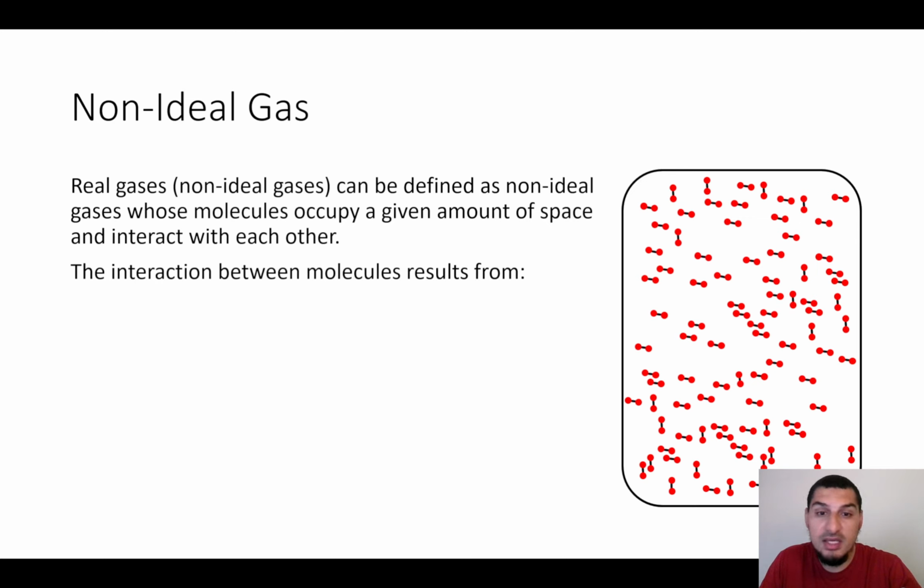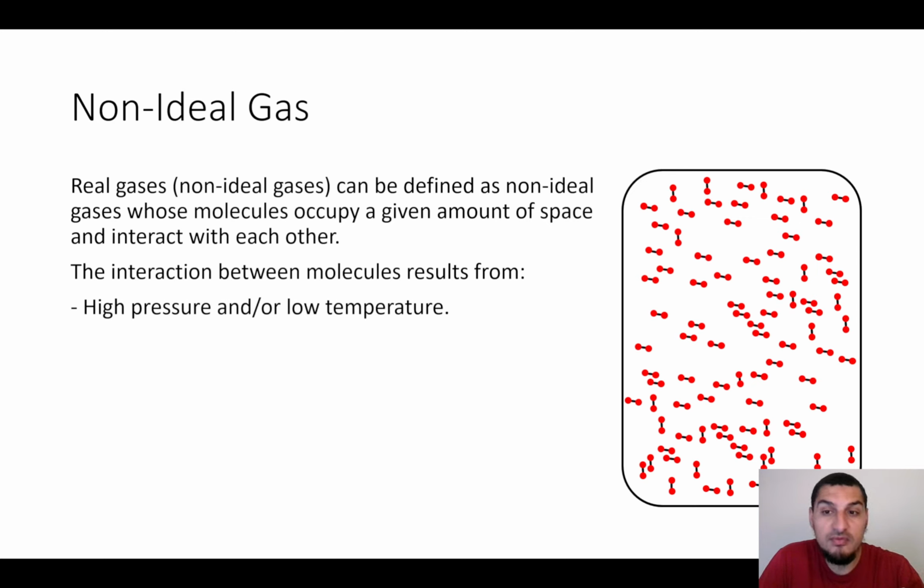This non-ideality can be a result of more than one reason. It can be due to very high pressure. The high pressure makes the molecules more packed in the container, so this makes it behave in a non-ideal way.